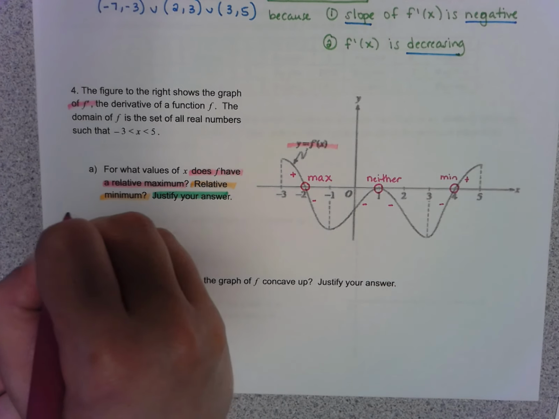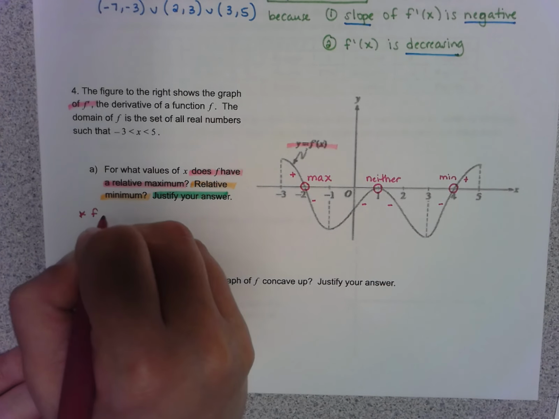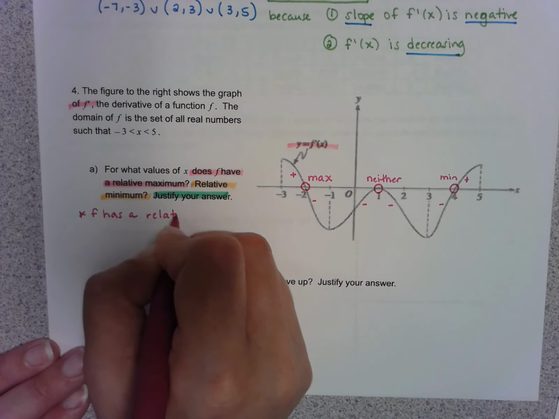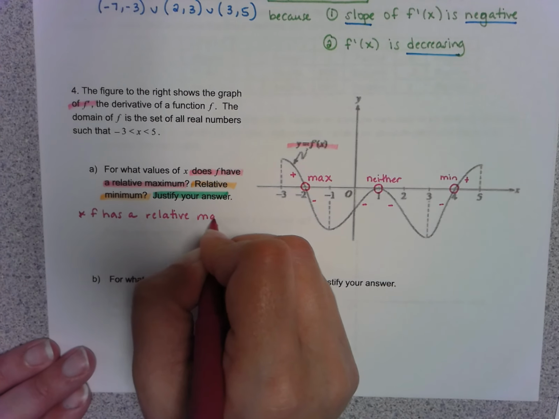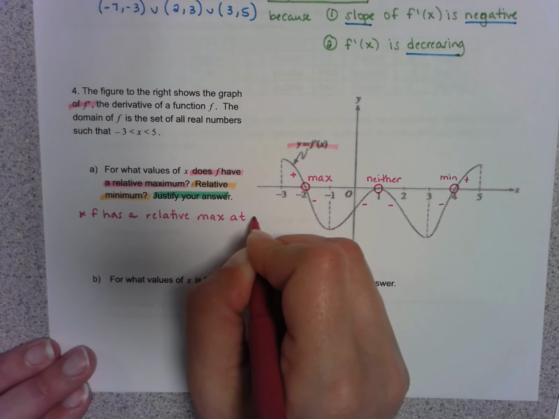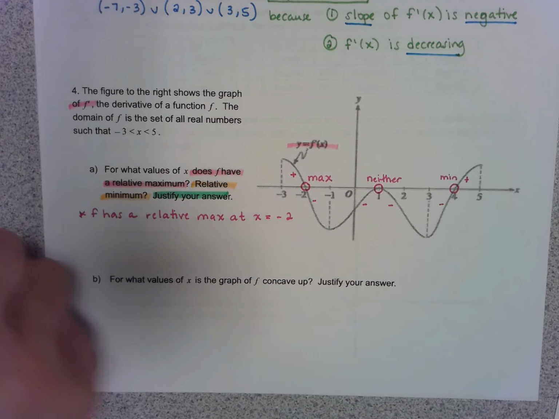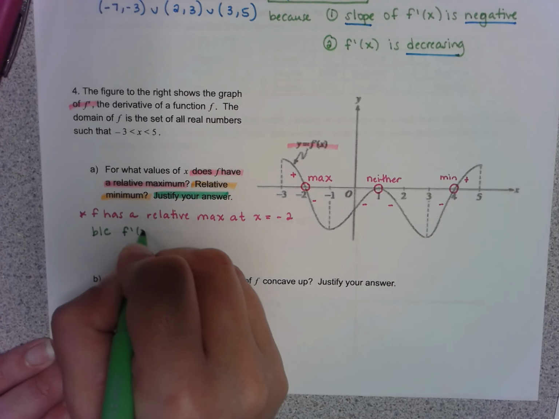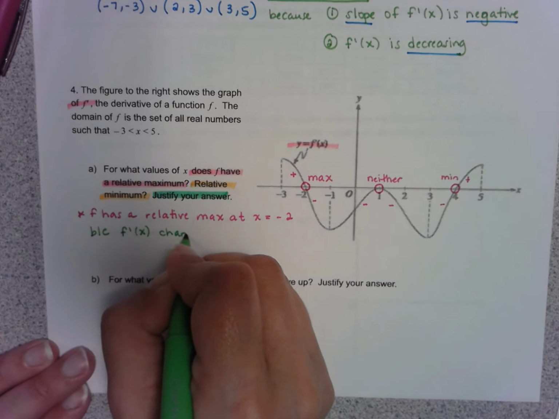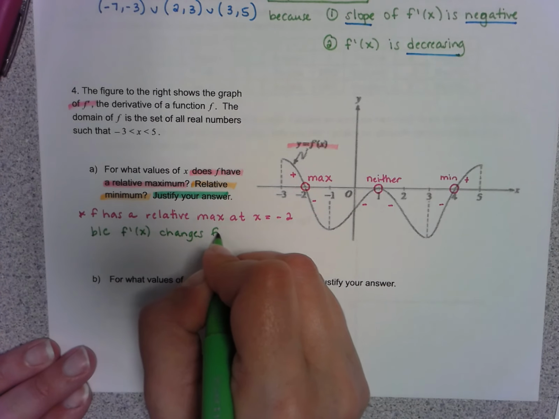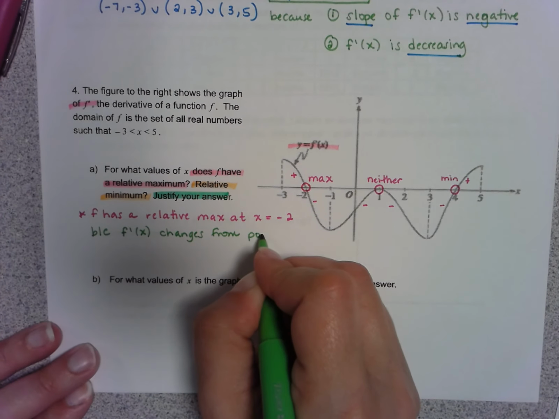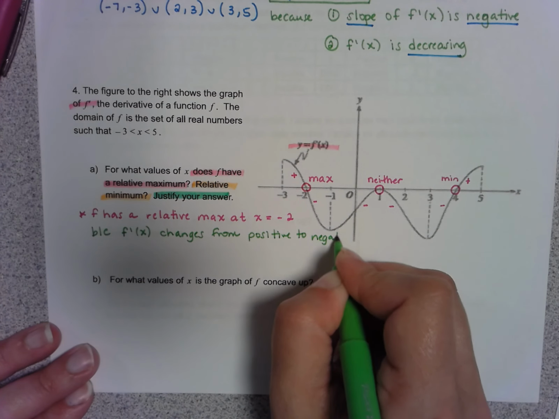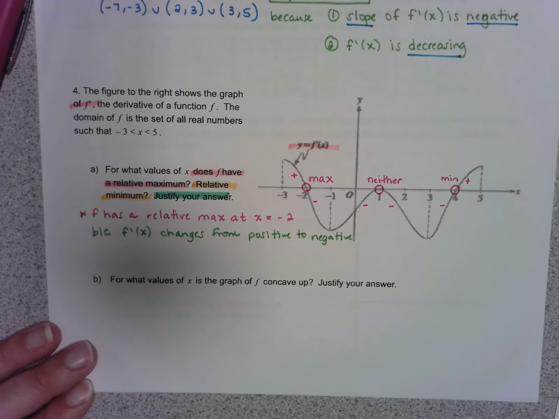So we're going to say f has a relative maximum at x equals -2, and we would say because f prime of x changes from positive to negative.